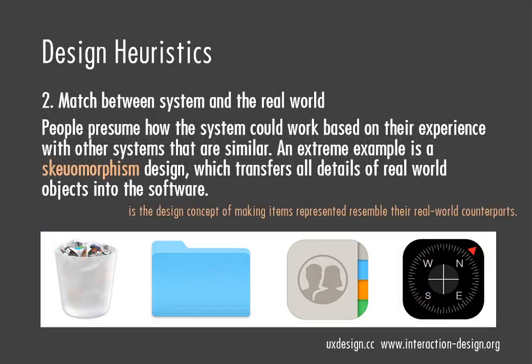The second is match between the system and the real world. People presume how the system could work based on their experience with other systems, other designs that are similar. An extreme example is skeuomorphism design, which transfers all details of real-world objects into the software.